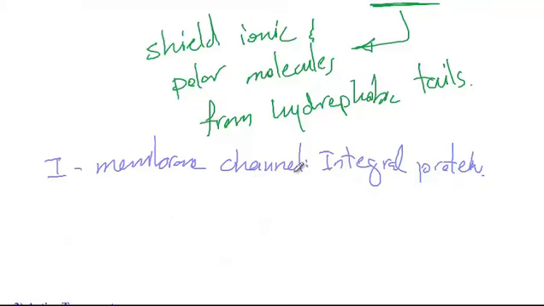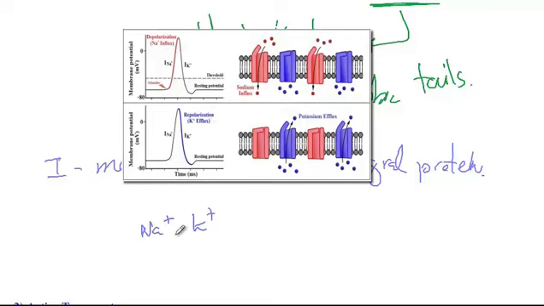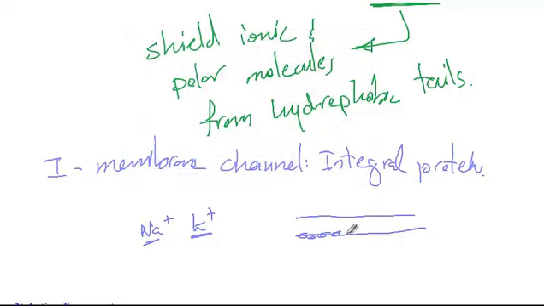One good example of these membrane channels is the sodium and potassium channels, which are required for the depolarization and repolarization phases of the action potential. So if this is the lipid bilayer, then we have the tails, and assume that here is inside the cell and the other side is outside the cell.